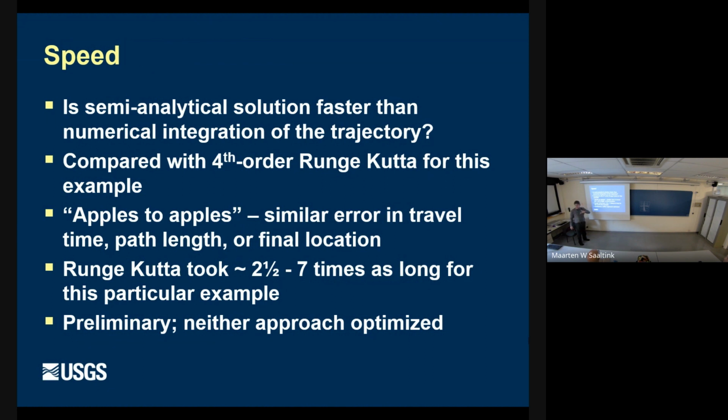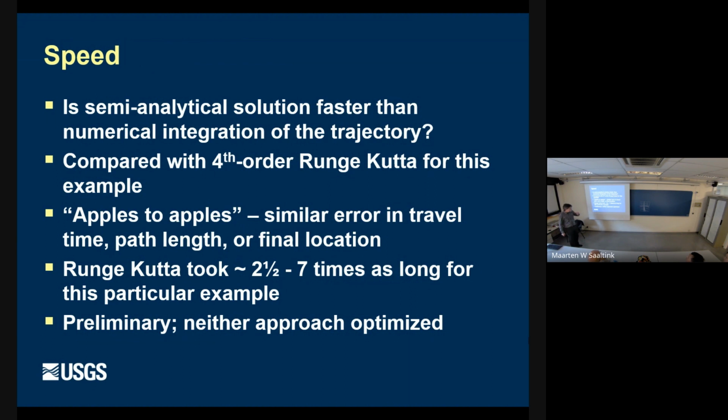We want to do the comparison on a fair basis, as fair as we can. So I tried to get a similar error in travel times, path length, or final location for these runs, to make sure I wasn't giving an unfair advantage to one method or the other. And in my tests, which are admittedly preliminary, the Runge-Kutta took 2.5 to 7 times as long for this particular example.